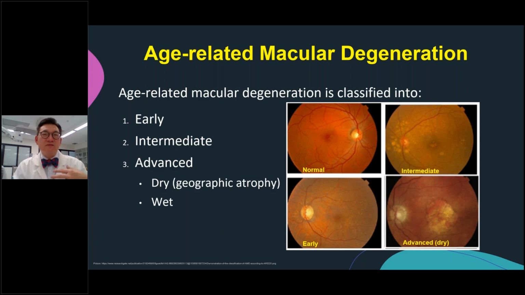And then we have advanced macular degeneration, which causes loss of sight: dry macular degeneration, which is what we're going to talk about today, the form being geographic atrophy, and the wet form of macular degeneration, which many of you may be aware of, that is treated with injections.